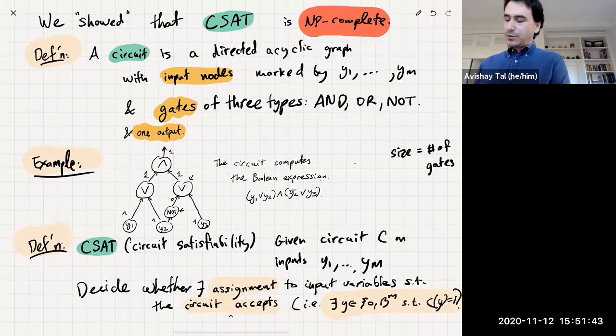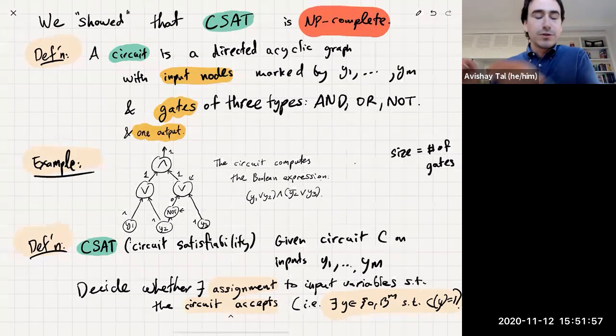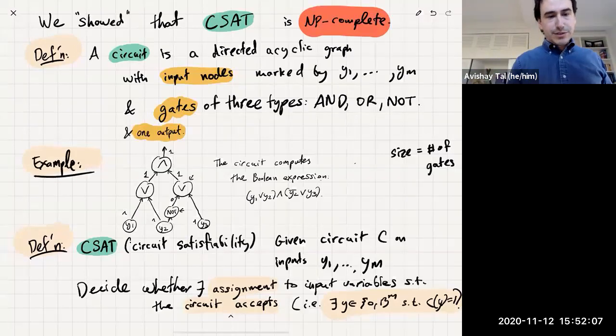For example, here, we saw that there exists such an input, right? We just checked one input and it worked for us. But in general, what can you do? You're given this circuit. One thing you can do is try all possible strings of length m. There are 2^m of them. Every time you try, you just evaluate the circuit and see whether it's 0 or 1.